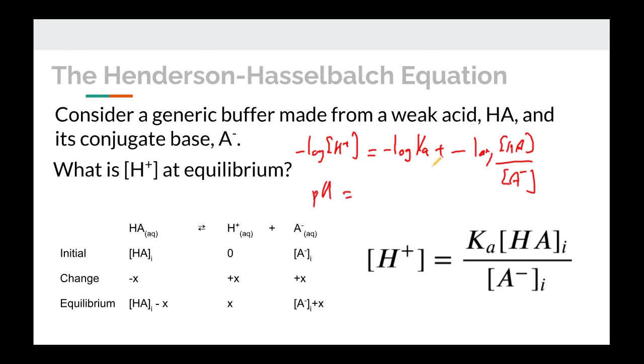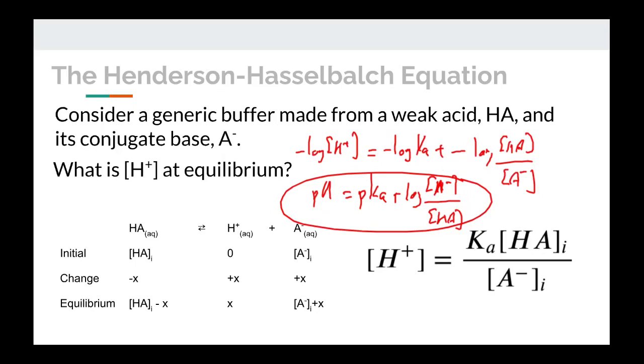If we take the negative log of Ka, that's a value called pKa. It's the P function. And then we could change the minus into a plus sign and flip HA and A minus concentrations upside down. So this is A minus on the top and HA concentration on the bottom. And now we have a log form of the Henderson-Hasselbalch equation, which is often much more useful.